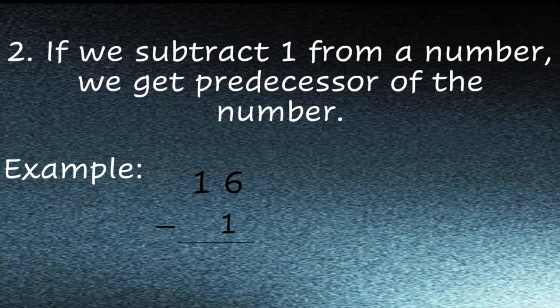When you are asked to subtract 1 from a number, you can simply write the predecessor of the number. So the predecessor of 16 is 15. The difference is 15. Or when you have 339 minus 1, the predecessor of 339 is 338. So when we subtract 1 from a number, we get the predecessor of the number.